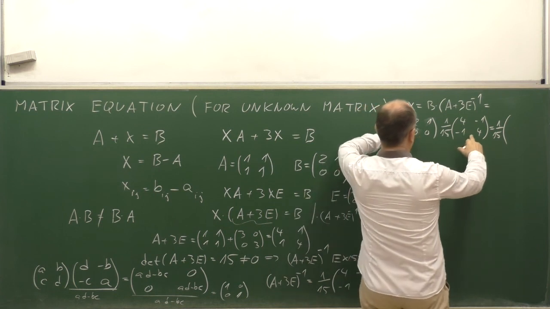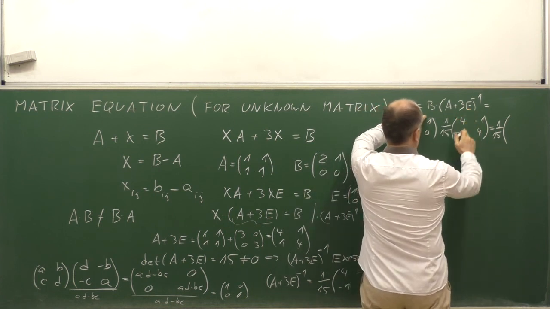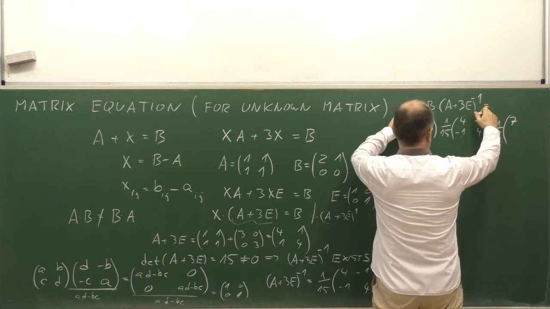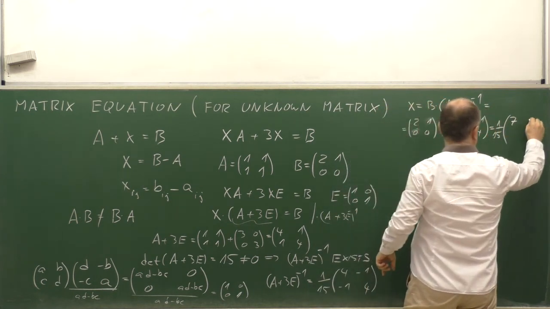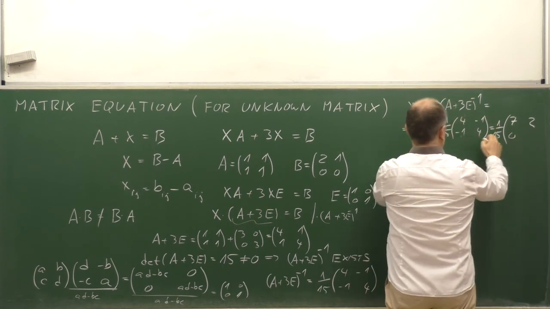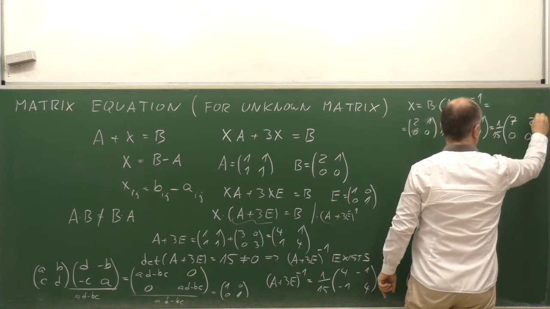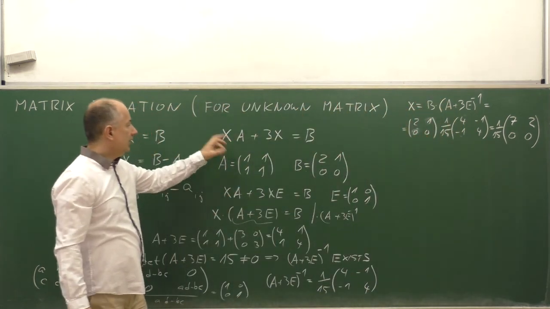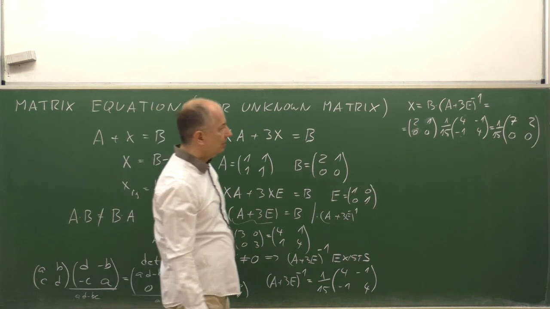And the product of these two matrices is 8 minus 1, which is 7, minus 2 plus 4, which is 2, 0, 0. And this is the result, the matrix X that satisfies this equation.